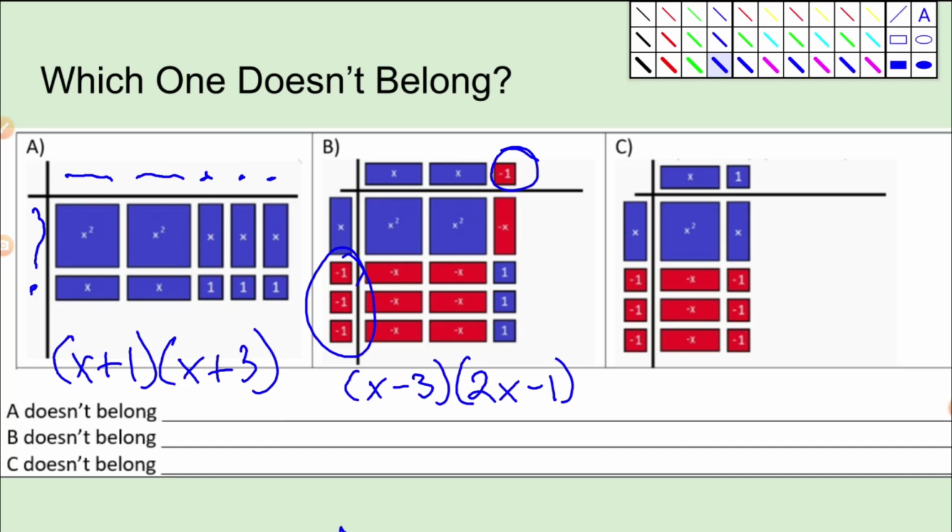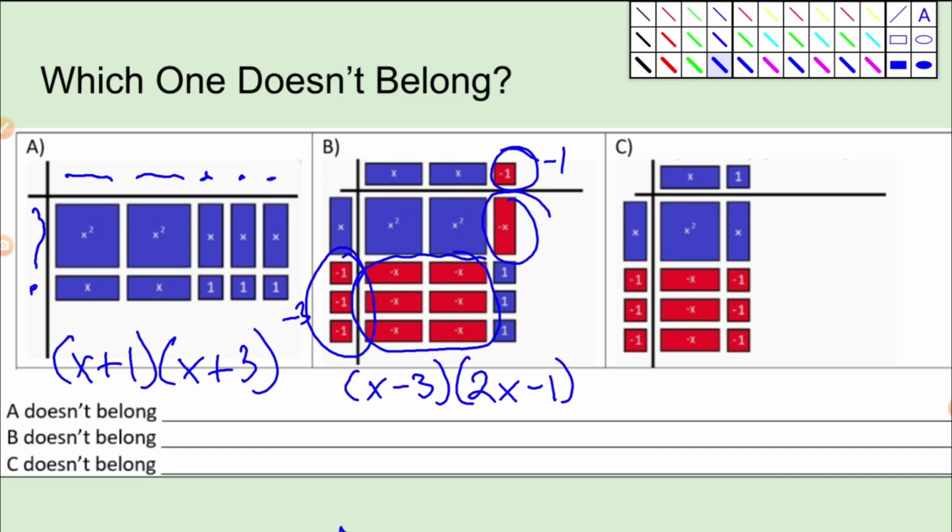So the subtract 3 and the subtract 1, there's going to be negative on both of those. So that might be one of them. Or we can say that I'm going to have negative x's on both sides of my rectangle. So that might be another one I can say. B doesn't belong.